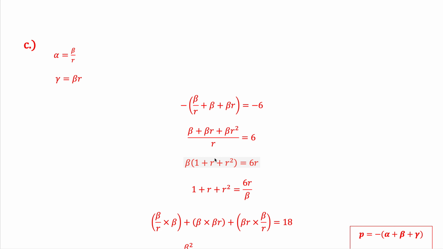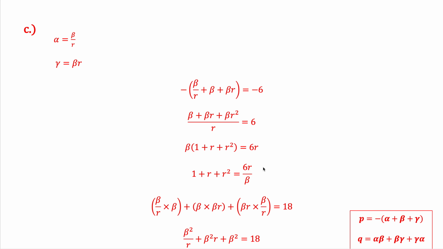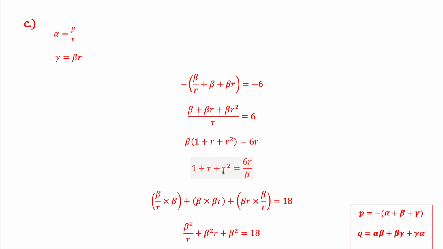Now from here I have multiplied r with this 6 to get 6r, and I have also factorized beta. So we are left with beta inside the bracket 1 plus r squared is equal to 6r. Now from here I have solved for this bracket. So 1 plus r squared is equal to 6r upon beta, and this is the first equation that we have derived, and this will be used later.